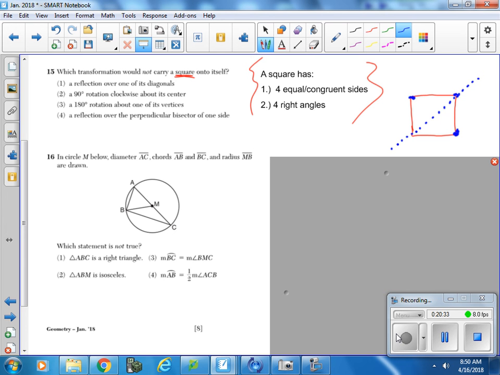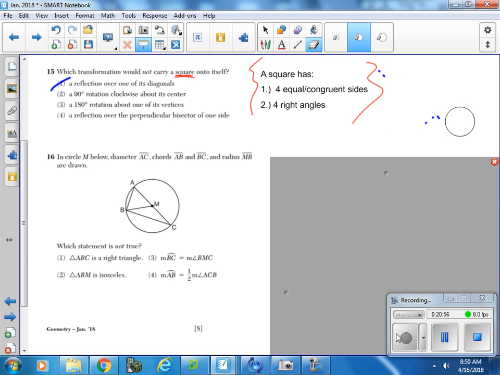These 2 points are going to stay right where they're at. So that will definitely carry the square onto itself. Now, what if I did it the other way? Well, that's the same thing. It would definitely carry the square onto itself. So that's not going to be our answer, all right? So we'll go ahead and erase that.